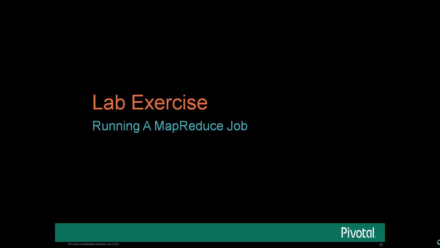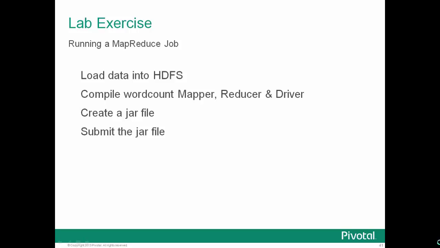Now we have a lab exercise to give you an opportunity to apply some of the things that we've talked about. What you're going to need to do first is load some data into HDFS, which will be your source data. A mapper, reducer, and driver have been created for you to run word count against the data you're going to load into HDFS.